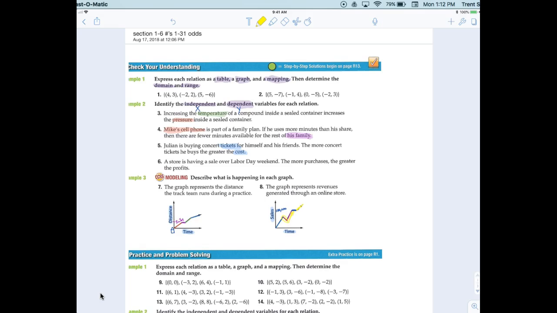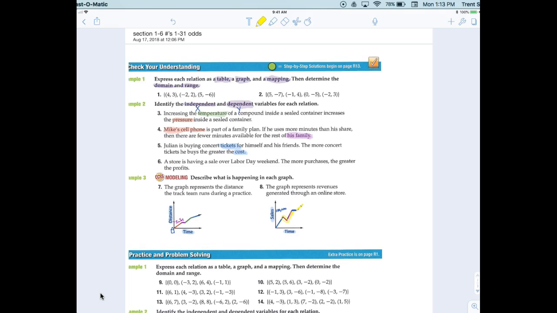Now, one other thing before I get you started, is I want everybody to go to Google Classroom real quick. All right, here's the important information. Go to Google Classroom for me. And this is section 1-6. So I want you to go to Google Classroom, and then look at what's in your algebra class.